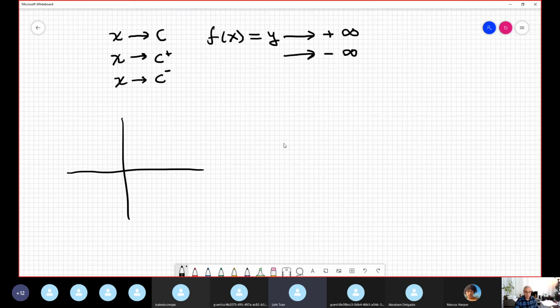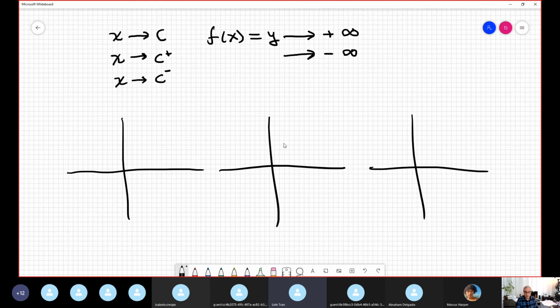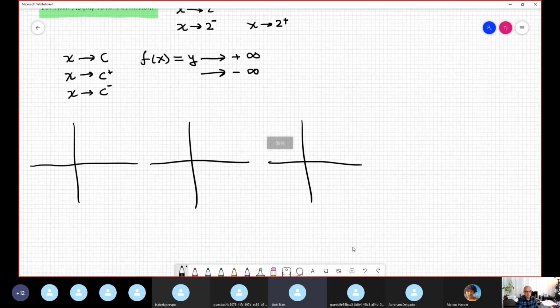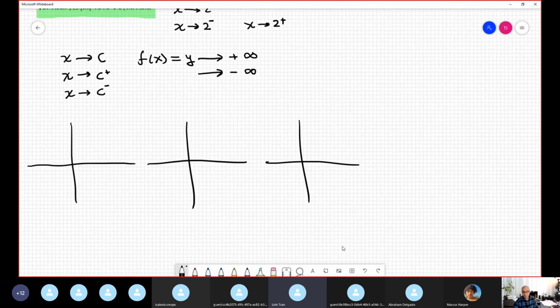1, 2, 3, and 4 possibilities. Suppose that the famous c is an arbitrary point. Suppose 2, I like 2. 2 here, 2 here, 2 here, 2 here.